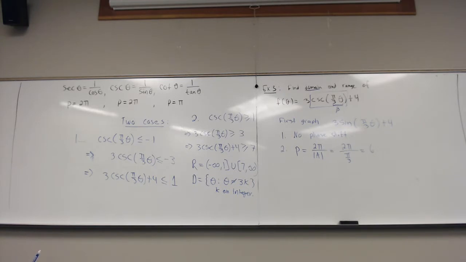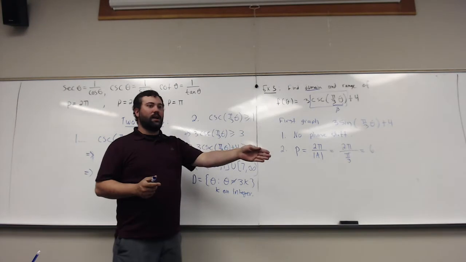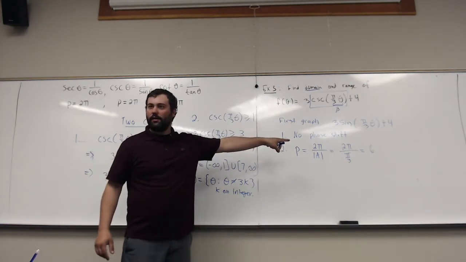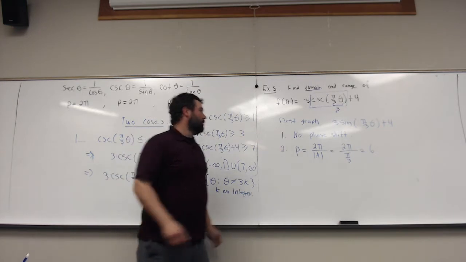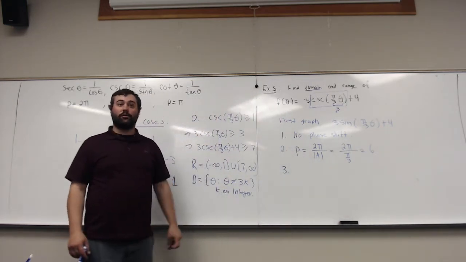That's 2 pi times 3 over pi, which gives you 6. Okay. So no phase shifts. So our first cycle starts at 0, and then we're going to complete a cycle over an interval of length 6 units.